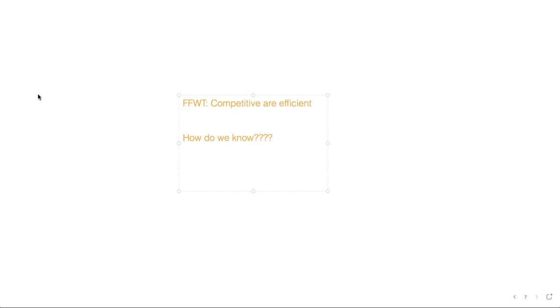And the article is about how the Chinese government, by directing resources, has become a world leader in certain technology areas. The one they pointed out was AI, artificial intelligence, machine learning technology. Do you see how that kind of casts doubt on the importance of the first fundamental welfare theorem?